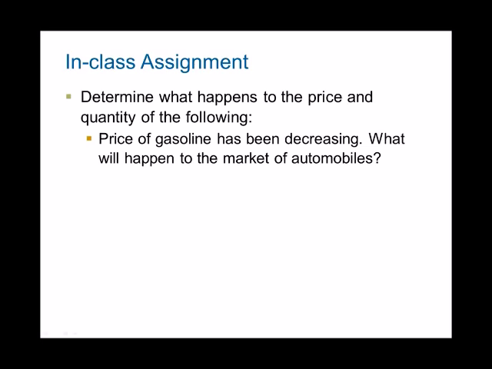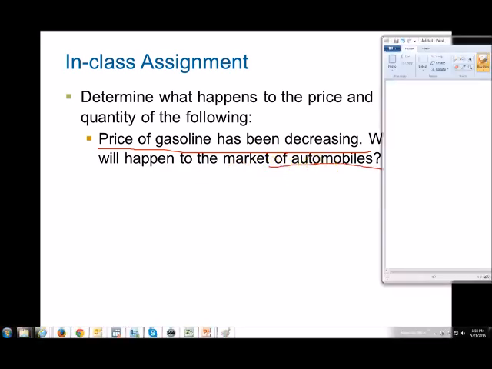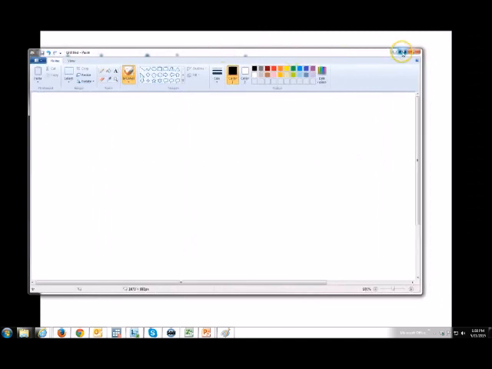Supposing the situation that happened is this. The price of gasoline has been decreasing. What is going to happen to the market of automobiles? This is what we want to see. So let's look at an example to see what happens.